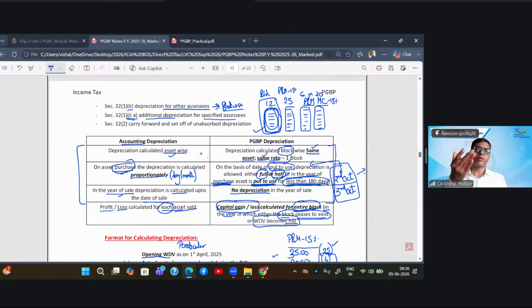Half means half of the rate applicable. And if the asset is put to use for more than 180 days in that year of purchase, you can take full depreciation. And for this, I have given you the cutoff dates also.